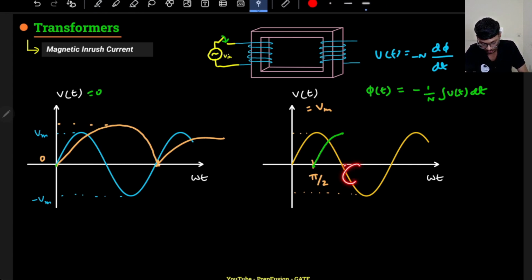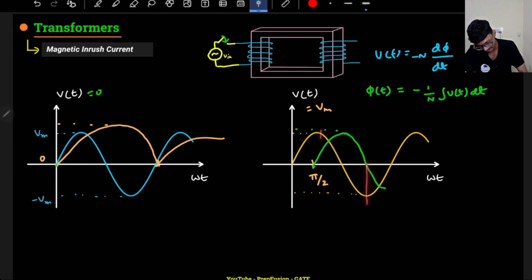Here again the value is negative, which means the overall flux phi of t will reduce. This flux will reduce, and will be here, and it will reduce further because I have more negative area.